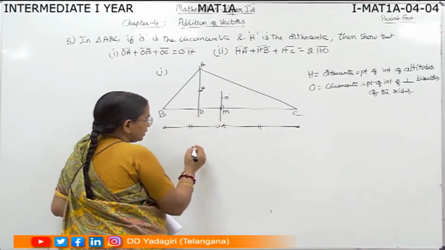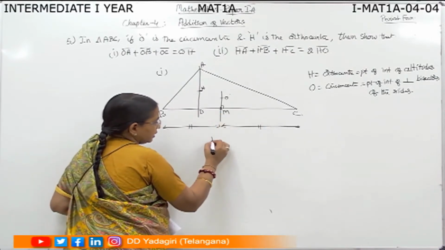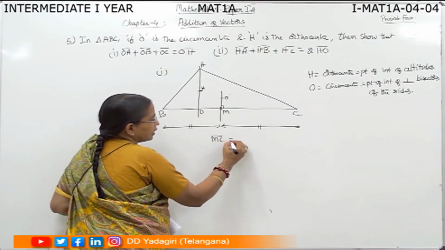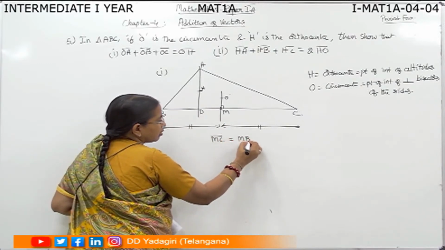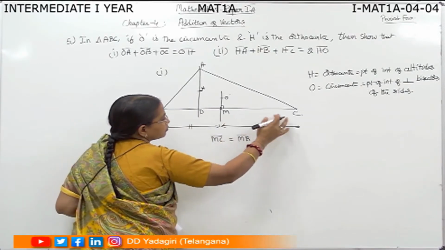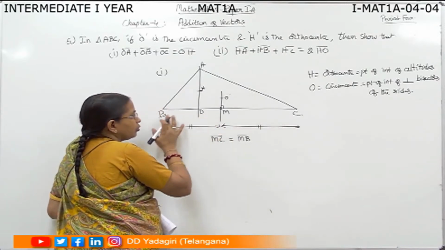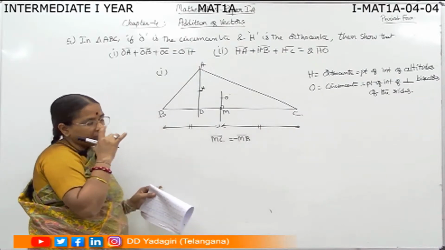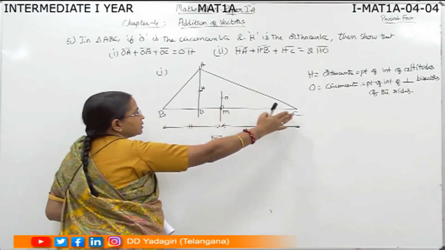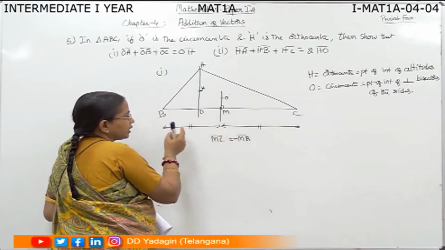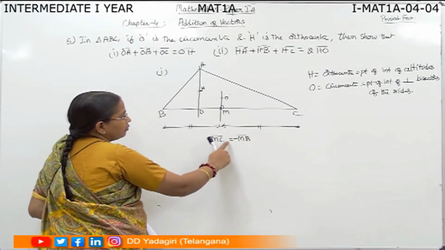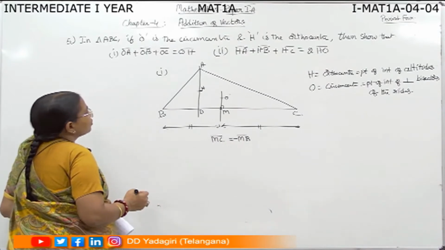Now when you take the vectors MC and MB, they are equal in length but in the opposite direction. MC is in this direction, MB is in this direction. So MC is equal to minus MB.